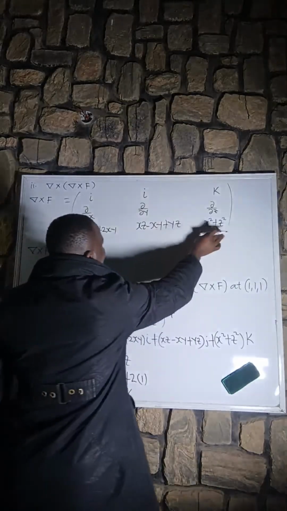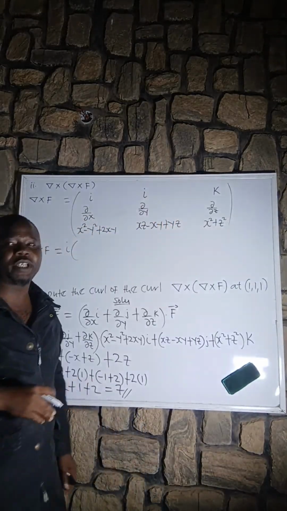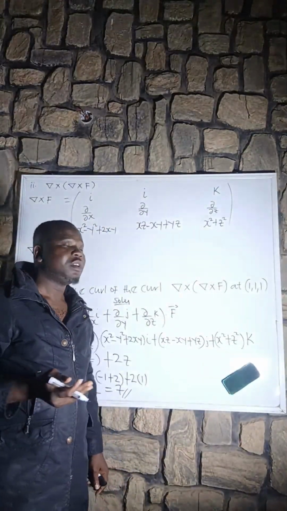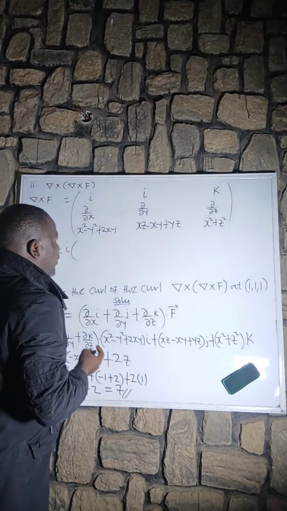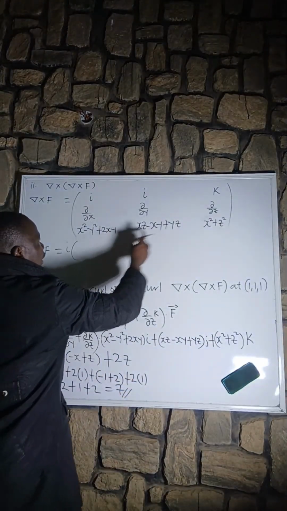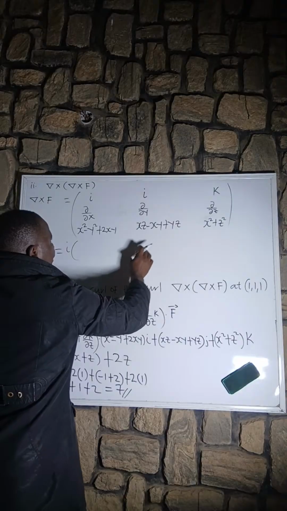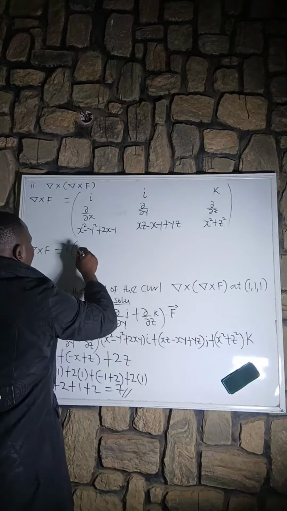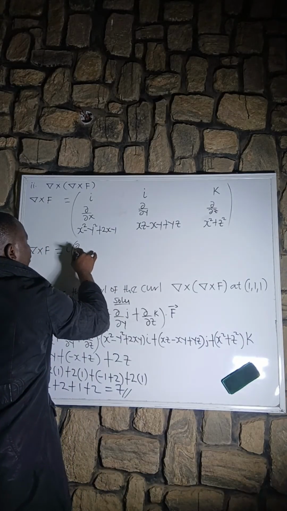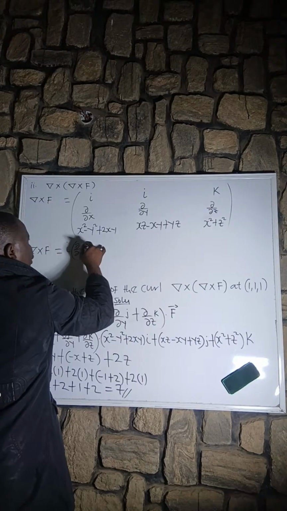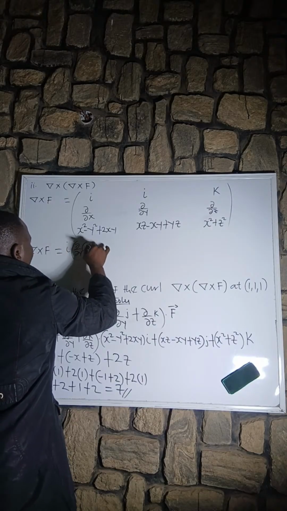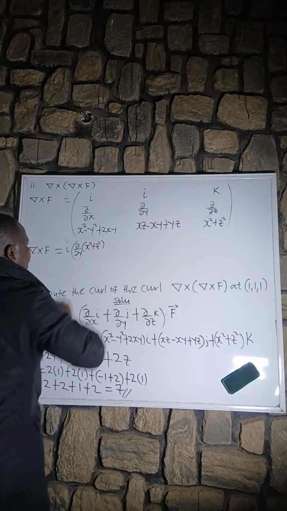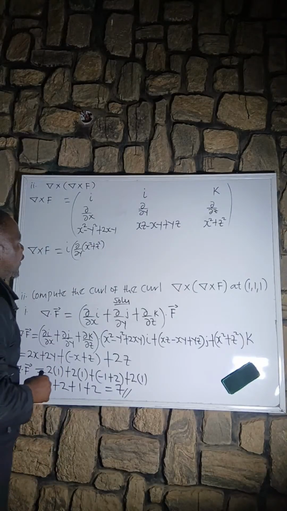It means if you use this to multiply, okay, let me just break it down for you. Is that clear? So that you won't be confused. It's okay. So here, this multiply this minus this times this. So here will be partial over partial y, open bracket, x squared plus z squared. Okay?